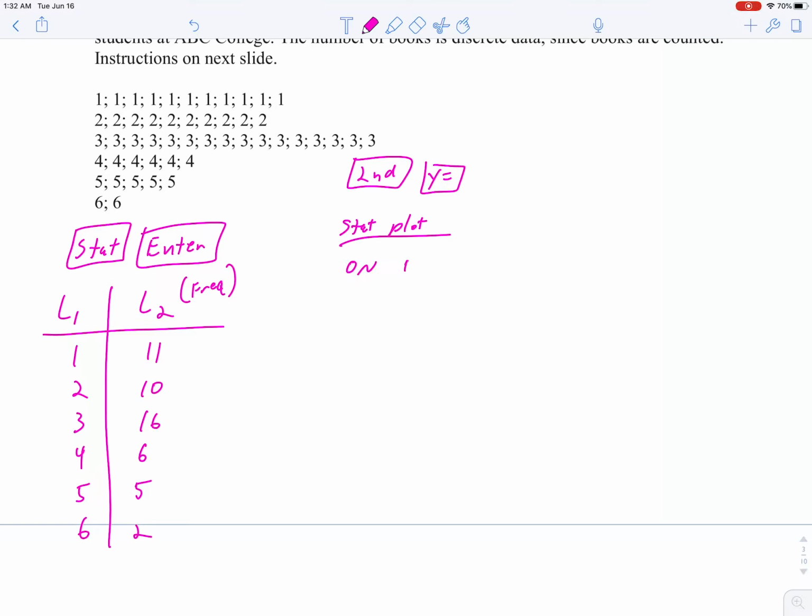Now what we want to do is make sure, because it'll say on and off, right? We want to make sure on is highlighted. If on is not highlighted, use your arrow keys, highlight on, and hit Enter so that on stays highlighted permanently. Then you arrow down to where it says Type, and you'll see a couple different little icons there.